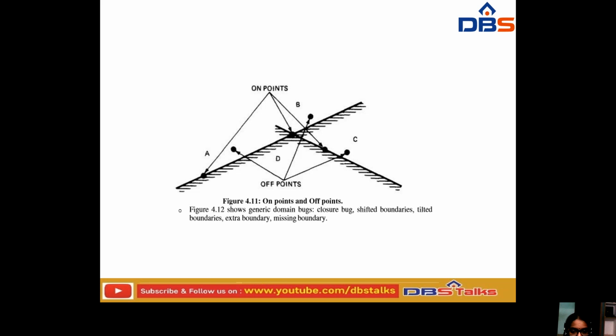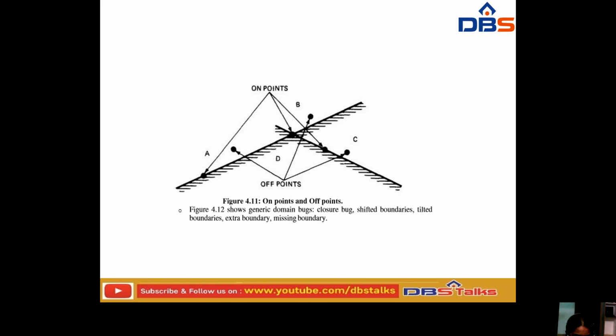So by observing all these differences, we can say that it is not that easy to find out the on and off points. Why? Because if it is a strange thing, then it is very difficult for the user to find out the points. So these are about the on point and off point.